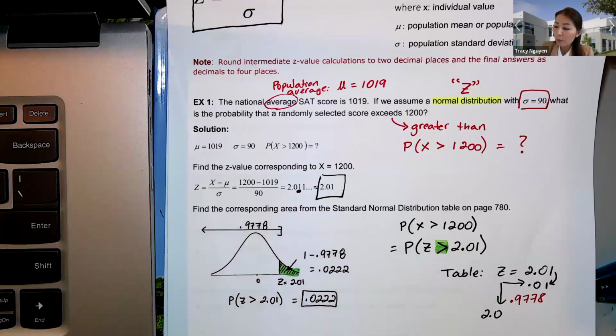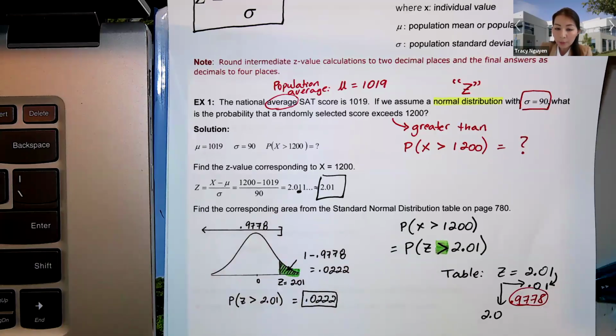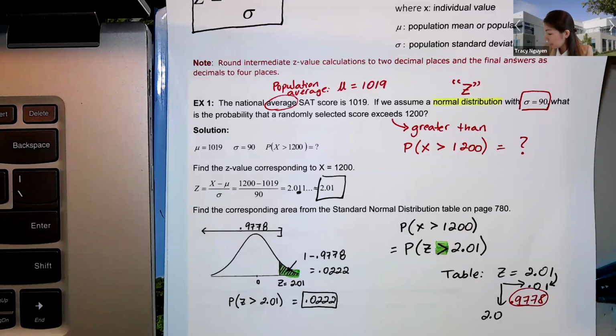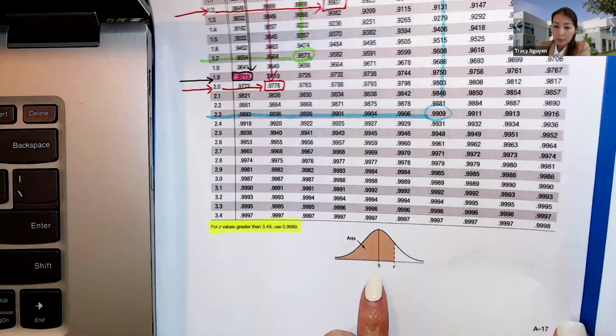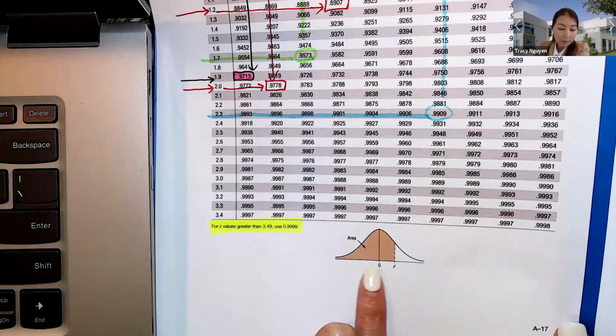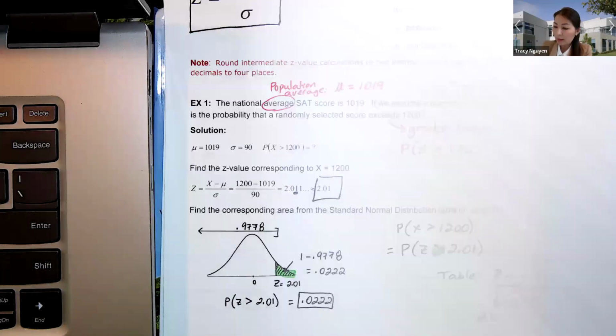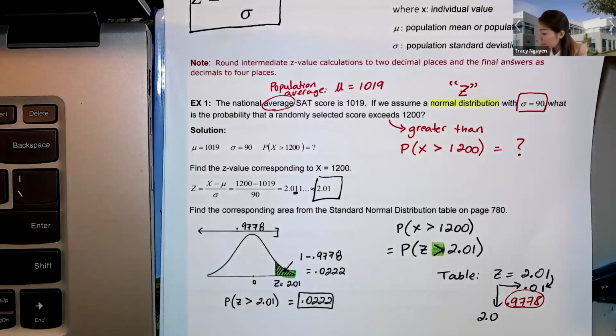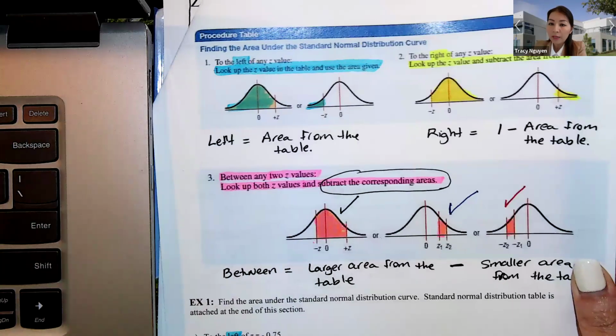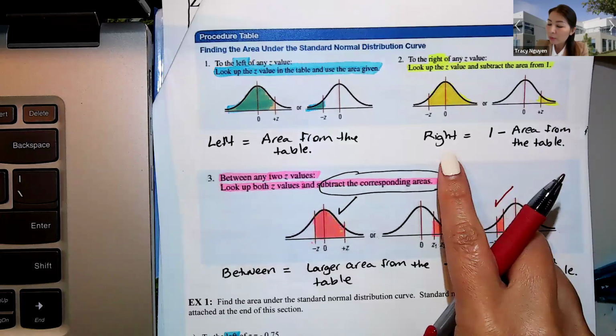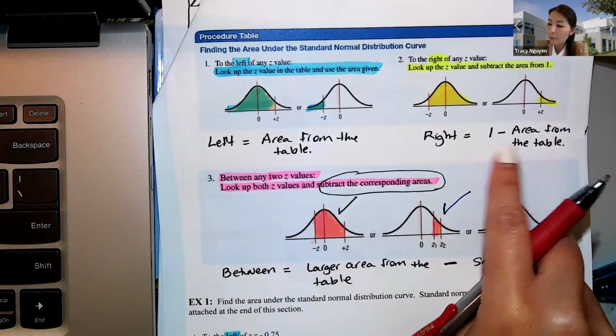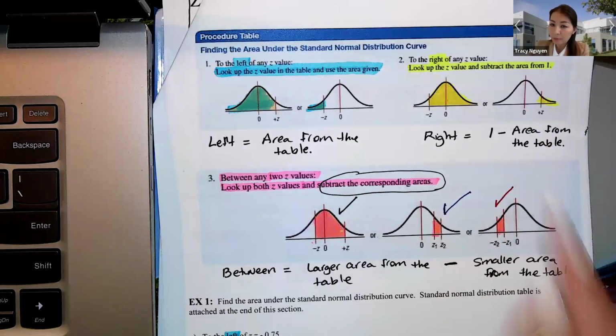Okay, that gives us the area to the left of z equal to 2.01. So remember what we learned from 6.1. The area that we get from our table, as we see at the bottom of the table as well, gives us the area to the left. And what we want is the area to the right. What we learned from 6.1 from the procedure table is that the area to the right equals 1 minus the area from the table.